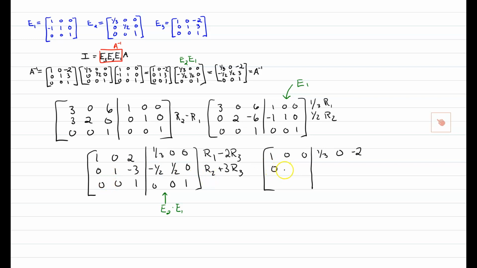So 0 plus 3 times 0, 1 plus 3 times 0, negative 3 plus 3 times 0 is 0. Negative 1/2 plus 3 times 0 is negative 1/2. 1/2 plus 3 times 0 is 1/2. And 0 plus 3 times 1 is 3. And finally, the last row in this case stays the same. Now, on the right-hand side, we have E3 times E2 times E1, which is equal to A inverse.